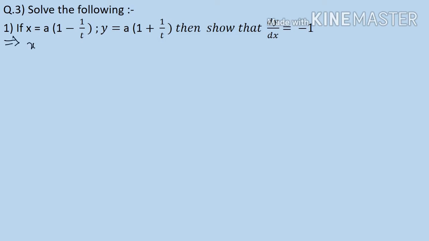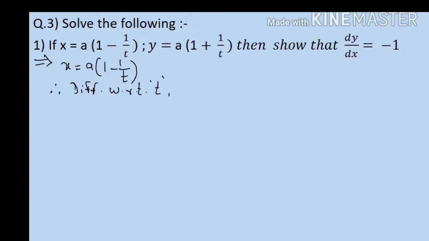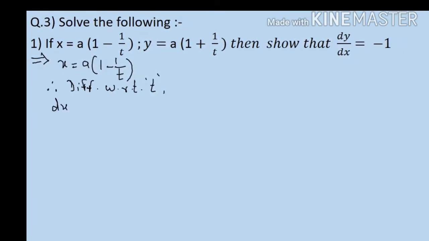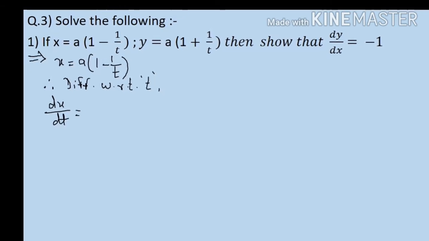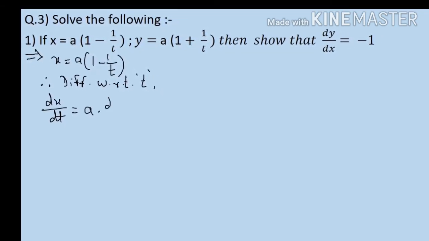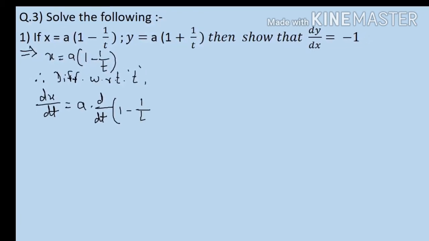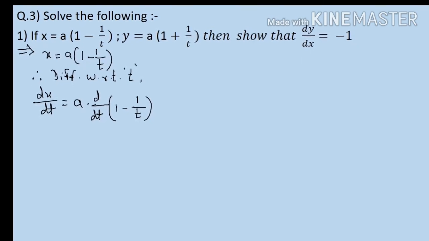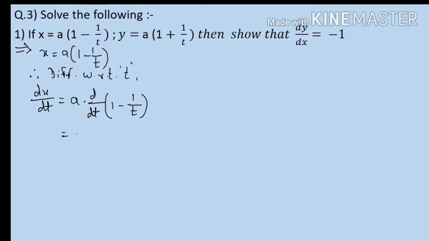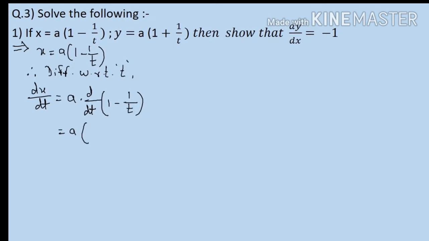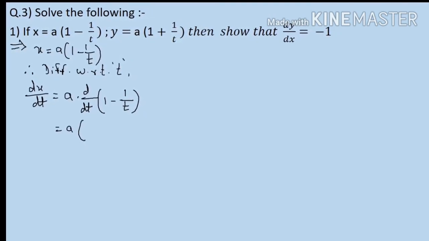X is equal to a into 1 minus 1 upon t. So therefore differentiating with respect to t, we will get dx by dt is equal to a into d upon dt of 1 minus 1 upon t. Correct? A is a constant, so we have taken it outside d dt. So a into derivative of 1 is 0.